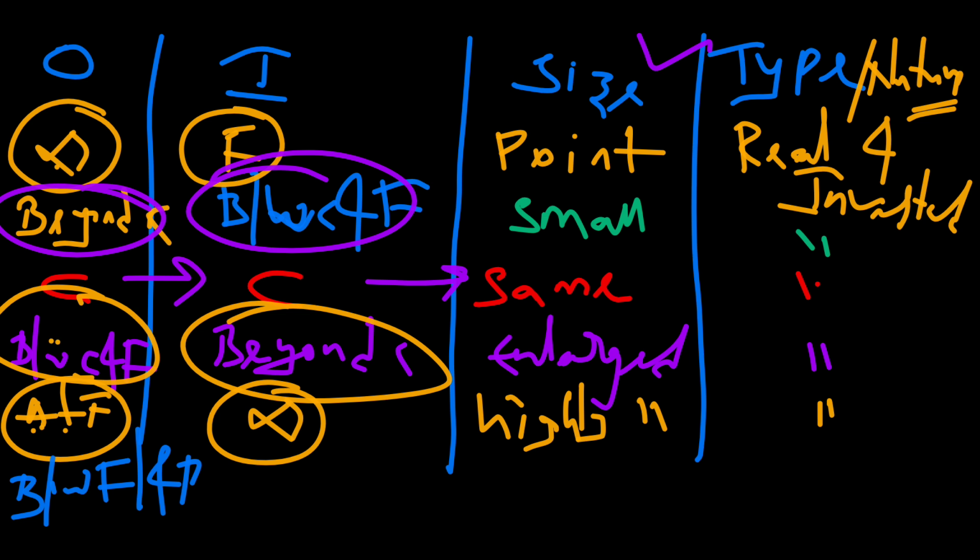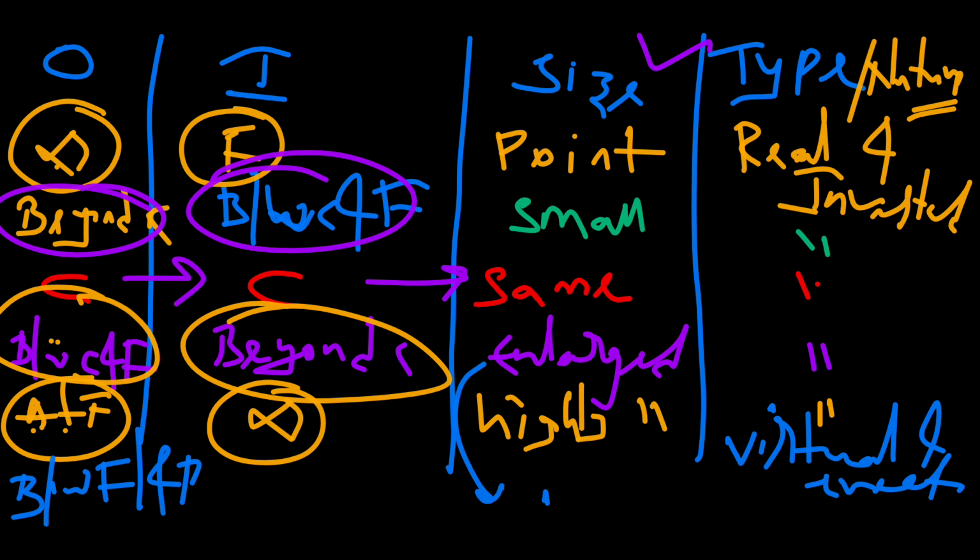This time we don't get a real and inverted image. We get a virtual and erect image. What about the size? Size is enlarged again. So we could place here enlarged.